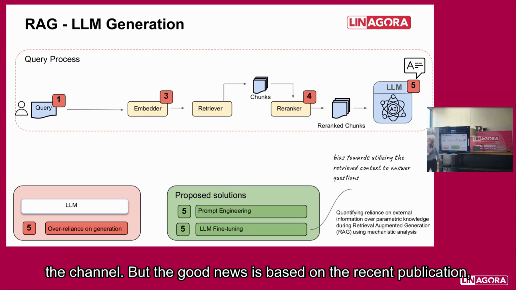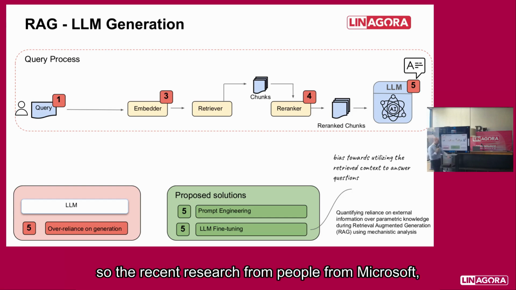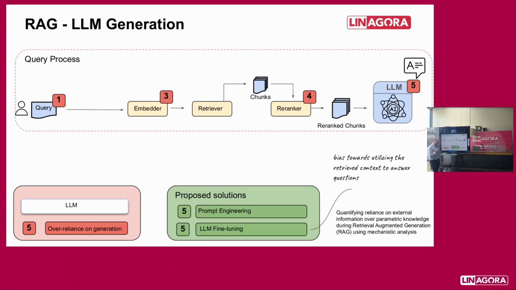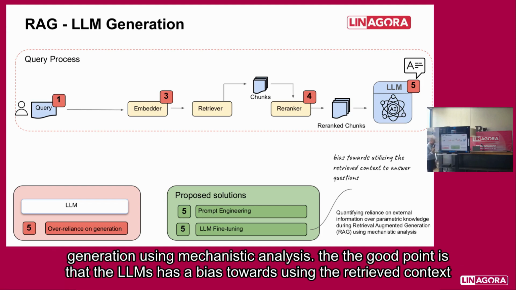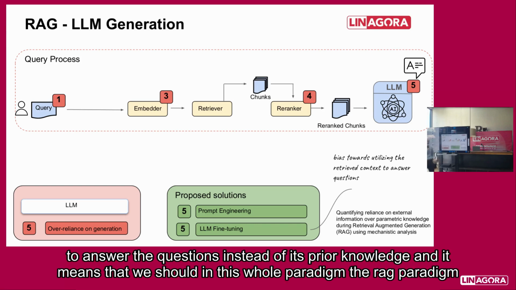But the good news is, based on recent research from people at Microsoft, the paper "Quantifying reliance on external information over parametric knowledge during retrieval-augmented generation using mechanistic analysis", the LLMs have a bias towards using the retrieved context to answer questions instead of their prior knowledge.